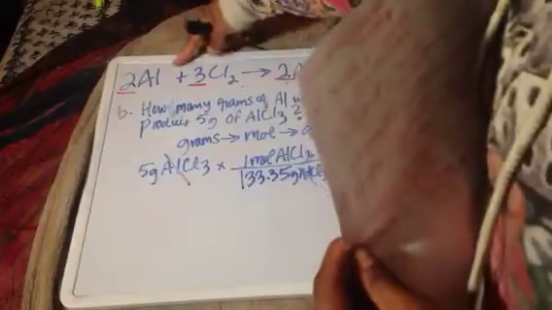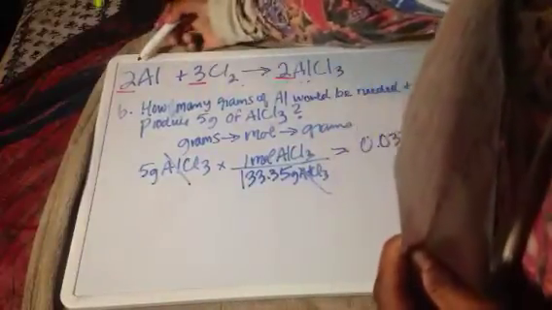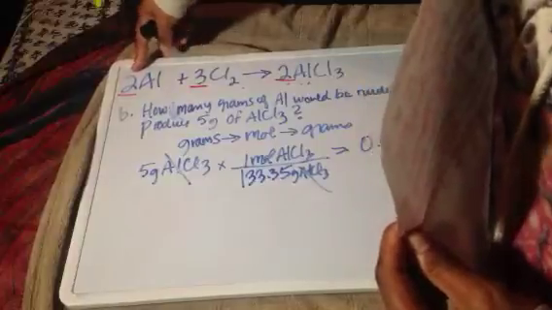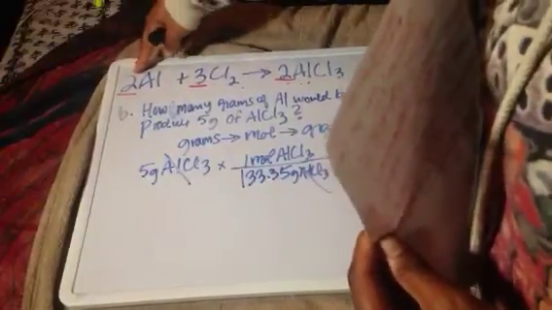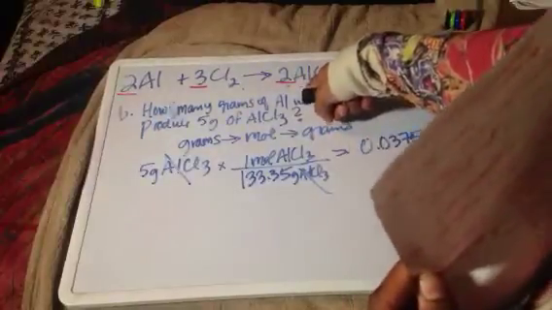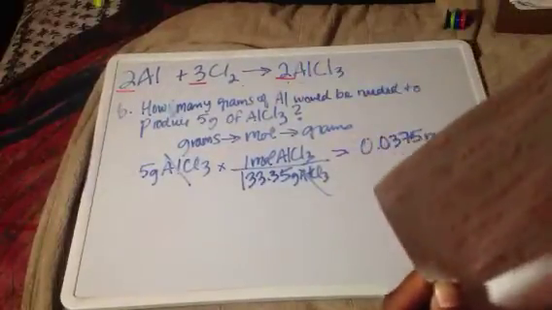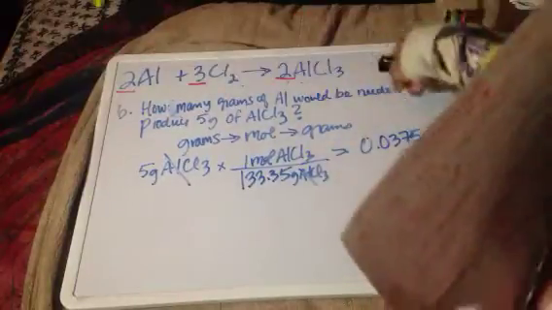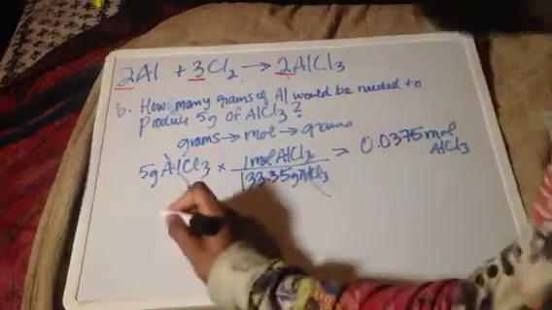Looking at this equation, we see per coefficient, which is the number that always resides in front, that 2 moles of aluminum will give us 2 moles of aluminum chloride. So all we have to do is relate this amount back to this equation. Let's do that now.